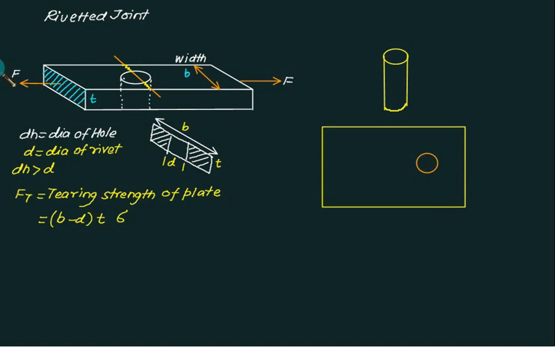Otherwise, if you put it very close to this edge, then the tearing will take place perpendicular to the width. To avoid this, we have to fix this distance. That distance is called the margin, and this margin you should keep at minimum 1.5D.